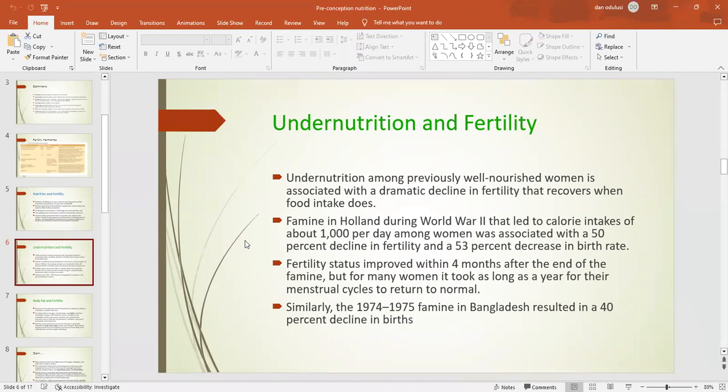In the preconception period before the mother conceives, if she has severe undernourishment due to various factors, then actual conception may not occur. Very low fertility rates and also very low birth rates will be in that population.